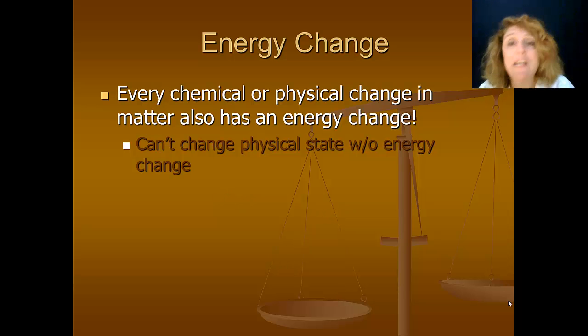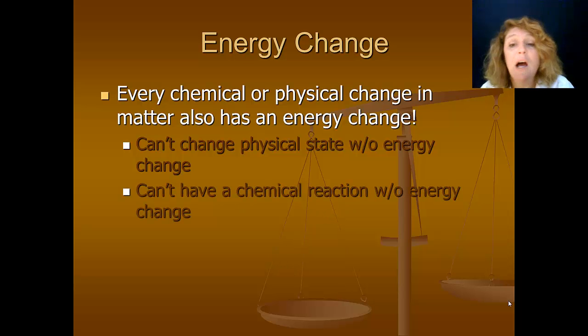So if you're changing state, you have to have an energy change. You can't have a chemical reaction without an energy change either, because it takes energy to break bonds and form bonds. And so as the atoms are rearranging, you've got all kinds of energy exchanges that go on. And in part of this chapter, as we go on, we're going to look at some of those changes more deeply. Okay?